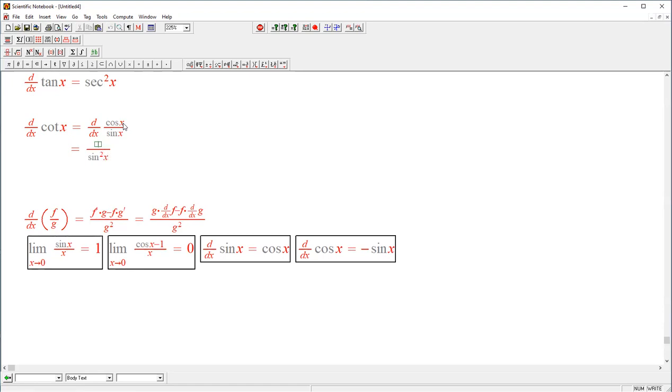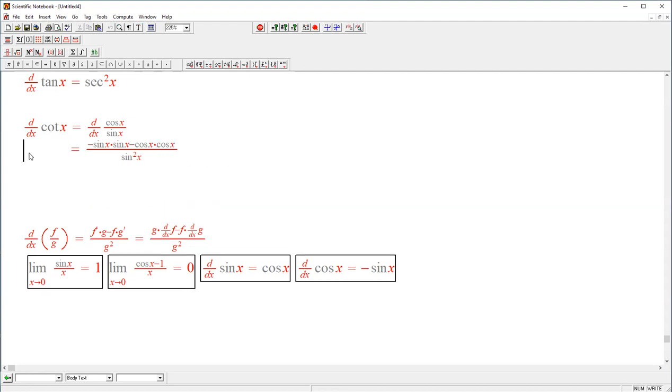And the top is the derivative of cosine, which is negative sine, multiplied by the denominator g, that's sine x. Subtracting f, cosine x stays the same, multiplied by the derivative of sine, which is g, right? That's cosine.